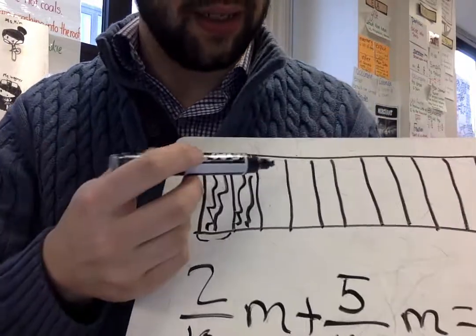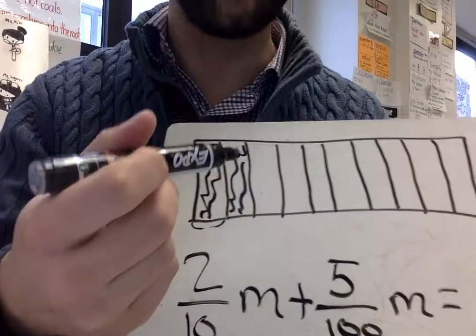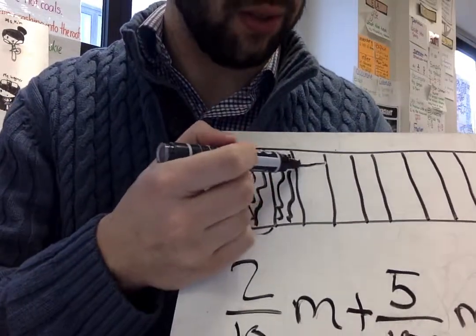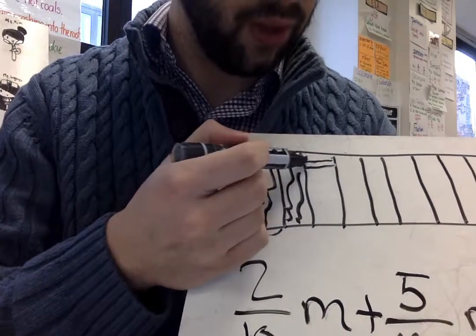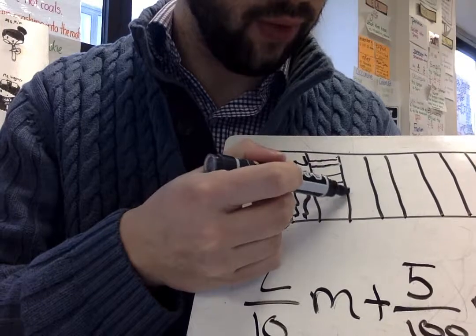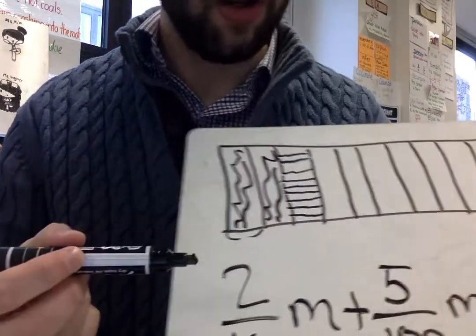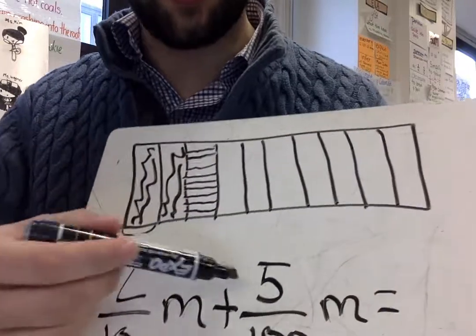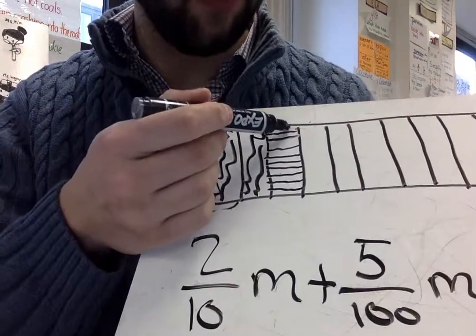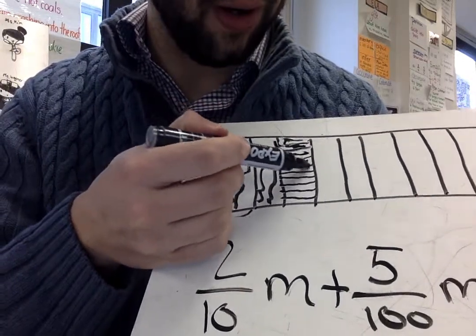Now again, I can decompose, because I know that if I decompose each of these 10, 10 times 10, I'll have 100 smaller parts. So I'm going to go ahead and do that. 1, 2, 3, 4, 5, 6, 7, 8, and I have 10 now. So I have 10 smaller pieces, and I'm going to look. I have 5/100ths, so I'm going to shade in 5 of them. 1, 2, 3, 4, and 5.